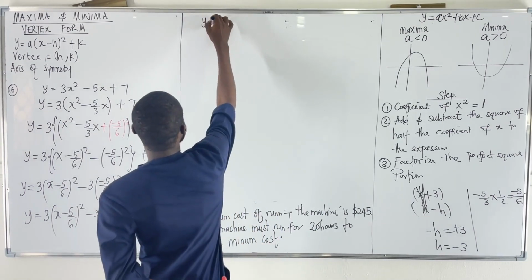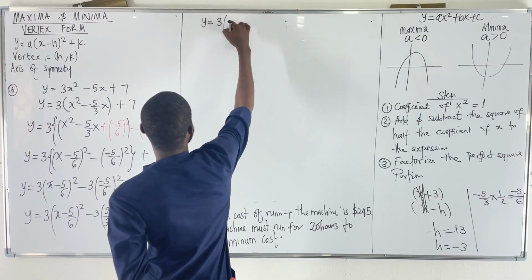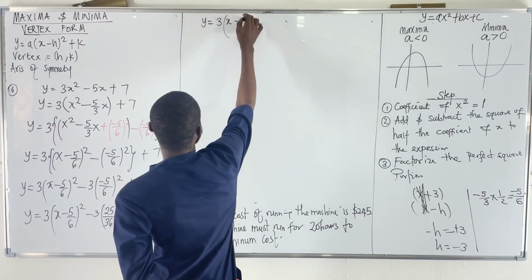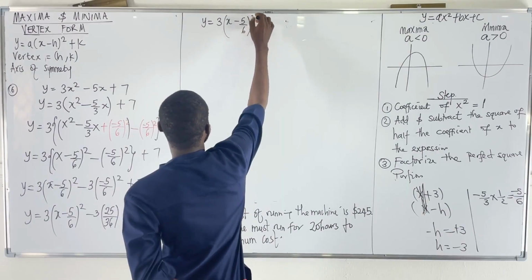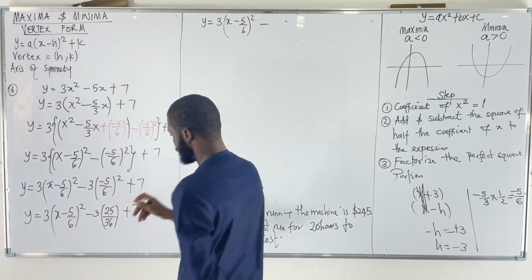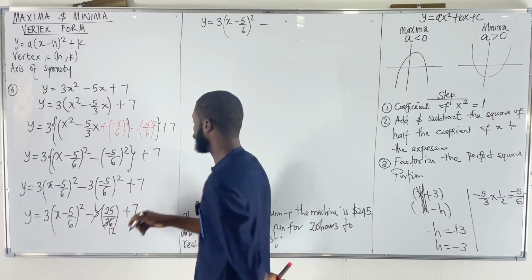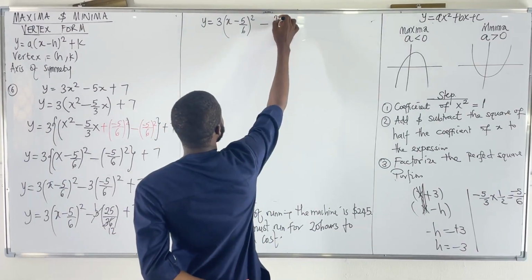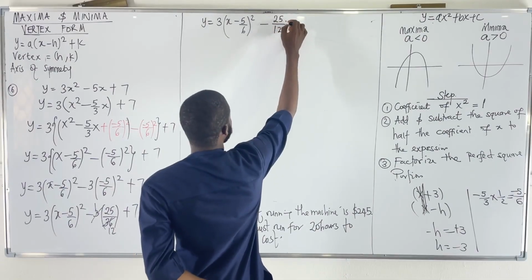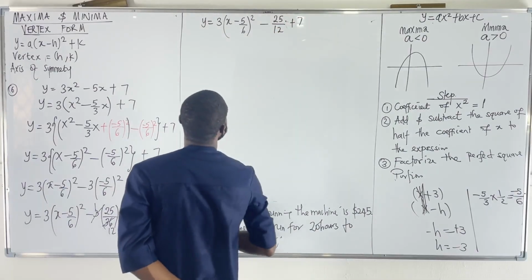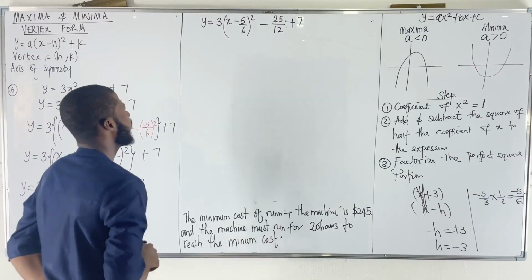So this is y equal to 3 into x minus 5 over 6 all squared. Minus 3 here is 1, 3 into this is 12. So you're going to be having 25 all over 12, and then plus 7.